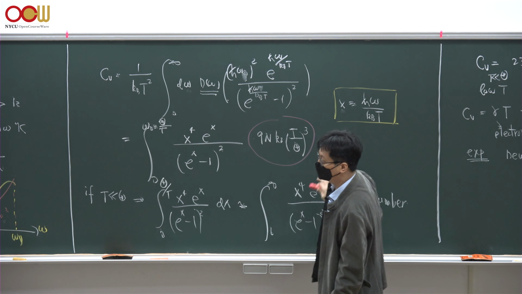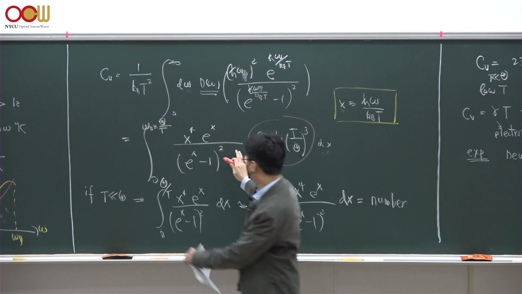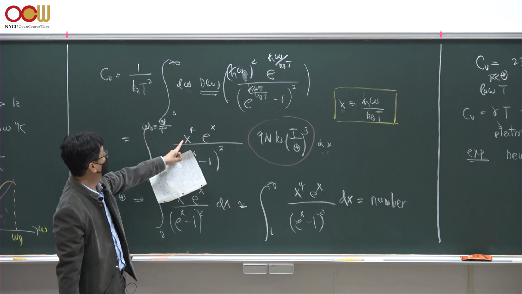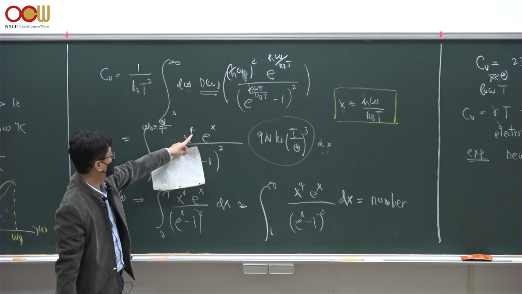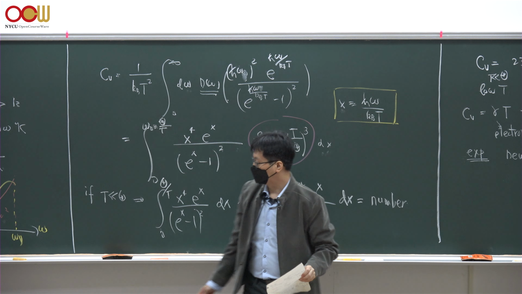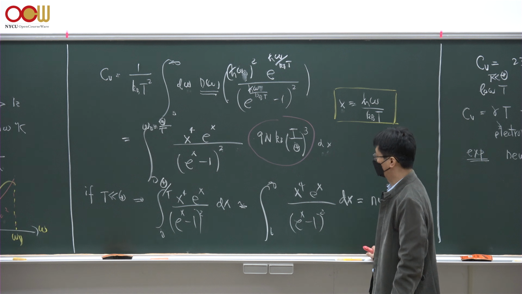coming from the change of variables, multiplied by the thermal factor, including x to the power of four, e to the x, and e to the x minus 1 squared in the denominator.